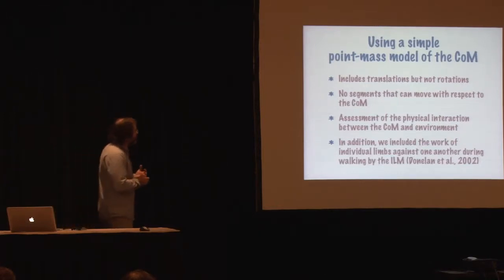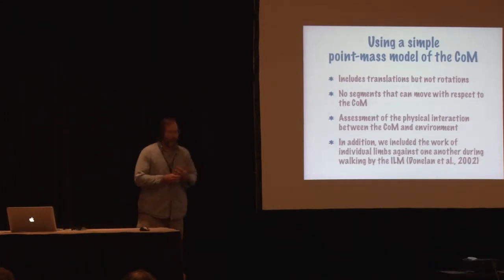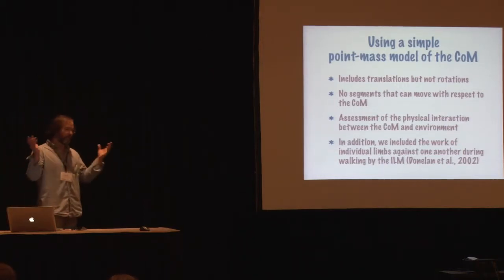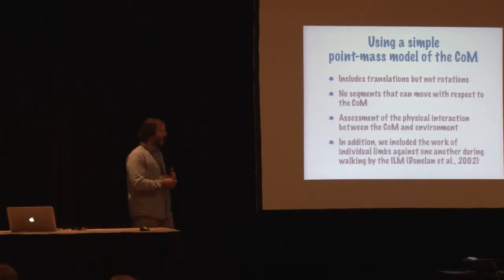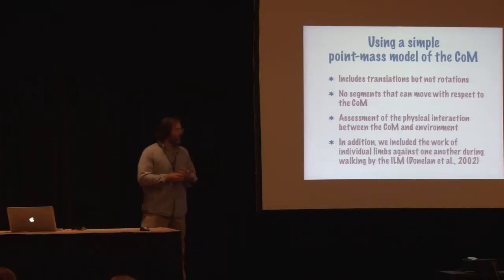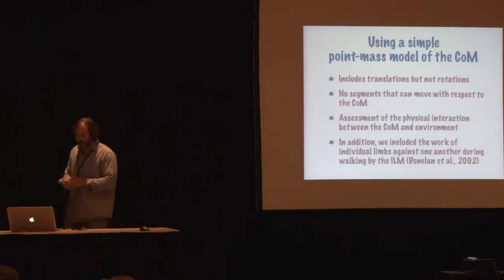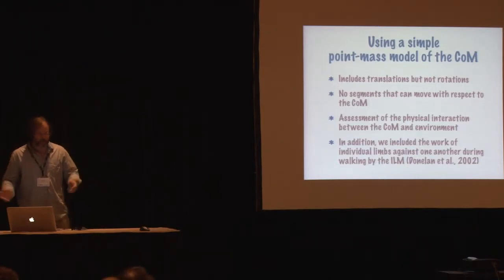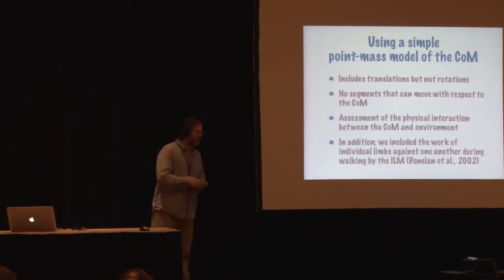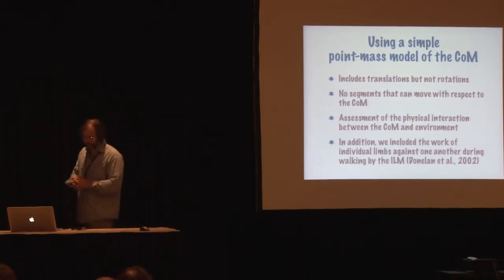So just a few caveats about what we're doing in this model. It is just a simple point mass model, center mass model that you're all familiar with. They've been used for decades in comparative biomechanics. It's important to say that a point mass model obviously doesn't have any rotations. It doesn't acknowledge that there are any bits that are swinging around relative to the center of mass.